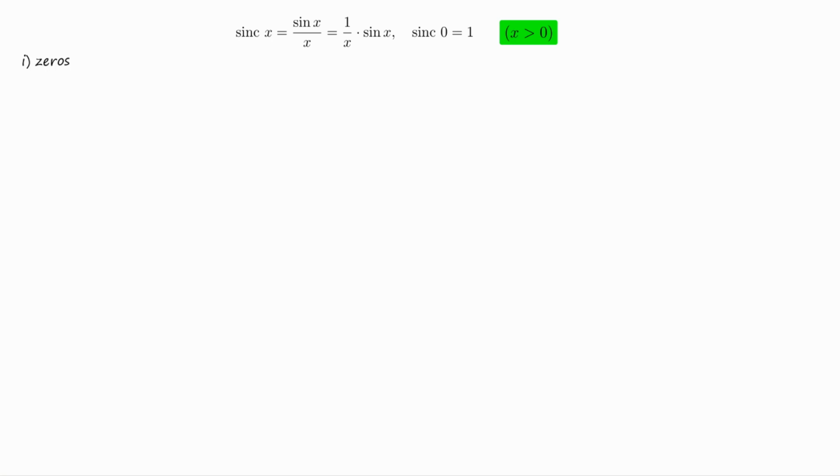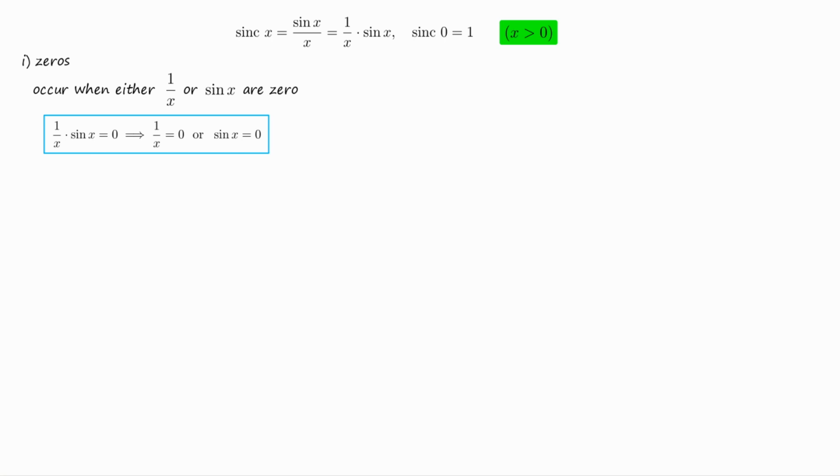We first consider the zeros of the function, and these occur when either 1 over x or sine x are 0. And that's because 1 over x times sine x equals 0 means that either 1 over x equals 0 or sine x equals 0. But since x is greater than 0, then 1 over x is greater than 0.